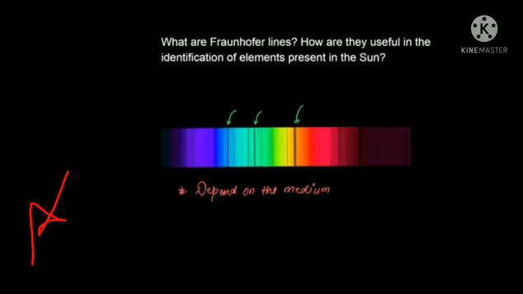According to the theory we have just discussed, these missing wavelengths will be the property of the elements present in the sun's atmosphere, because that's where the absorption must have happened. So we counter check our data and find the elements which correspond to these dark lines. That's how the Fraunhofer lines can help us identify the elements present in the atmosphere of the sun.